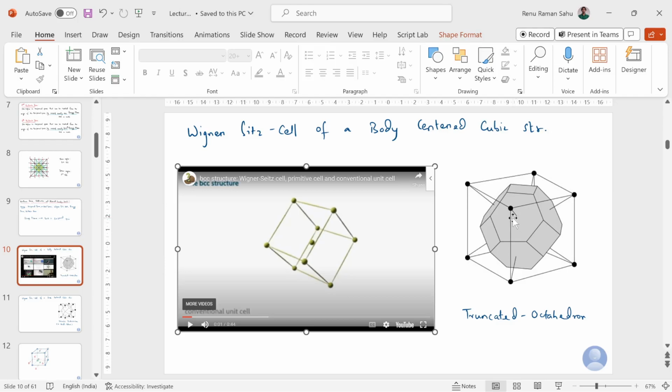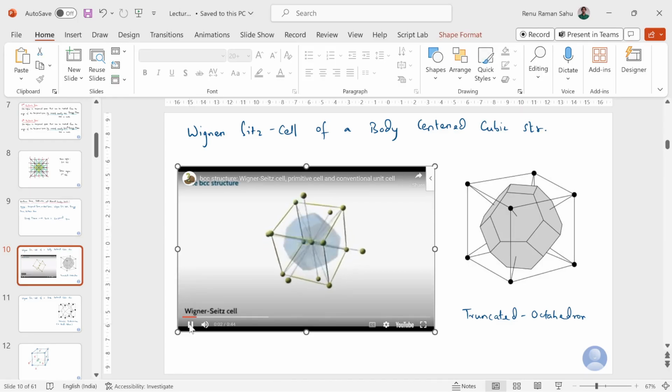So that is shown here, if you are able to follow this figure. The body center is somewhere inside, and what we have done is taken from that center, drawn lines to all these corner lattice points, and taken the perpendicular bisector of those lines. Are you able to visualize those lines?